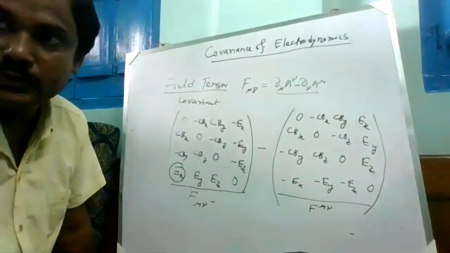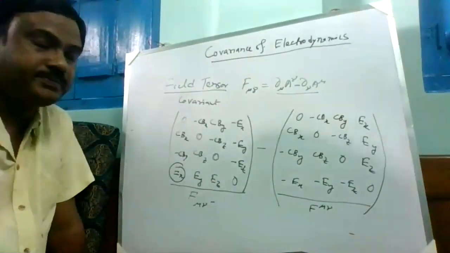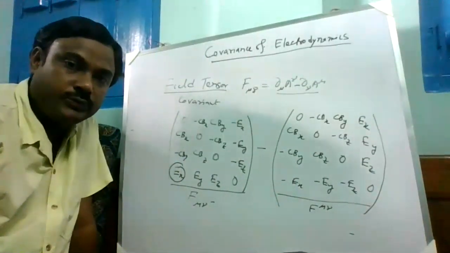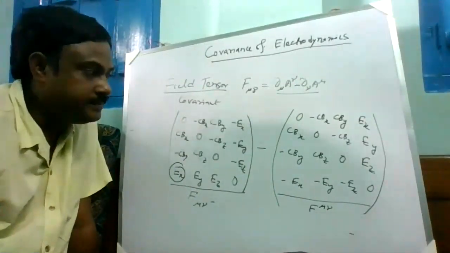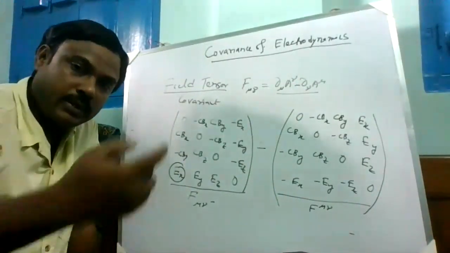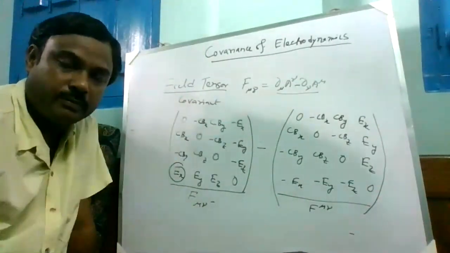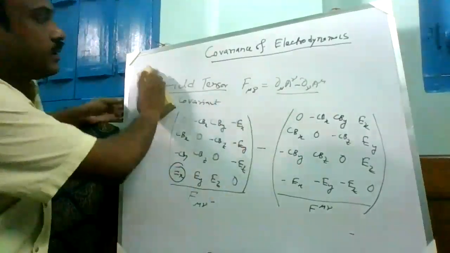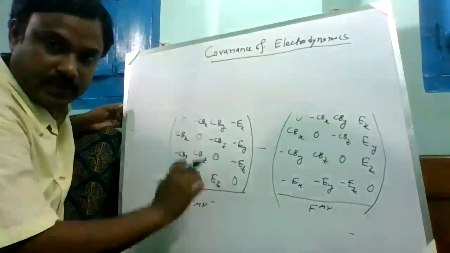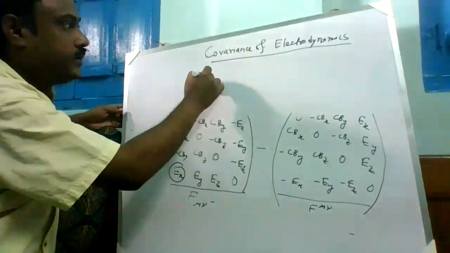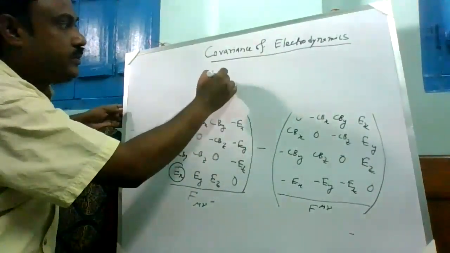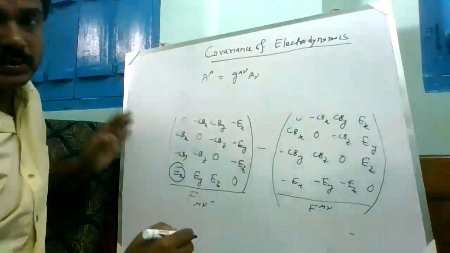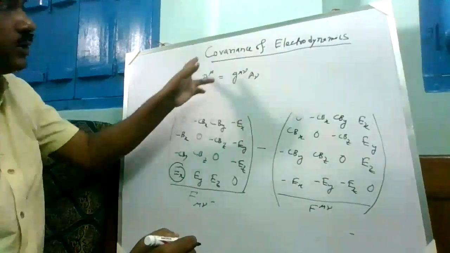As I have told you, there is another way. As you are now well equipped with tensor algebra, you can transform a covariant tensor into a contravariant form. You know the rule. Say A mu can be written as g mu alpha A alpha, from covariant to contravariant.